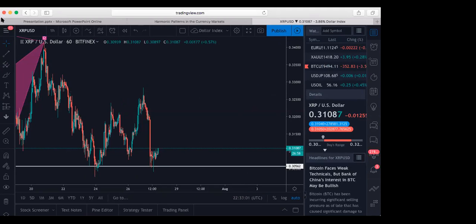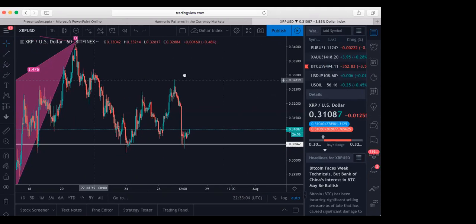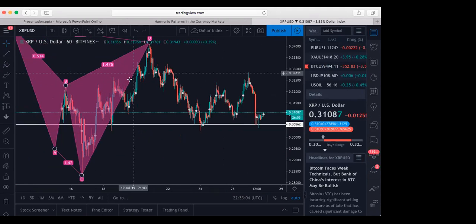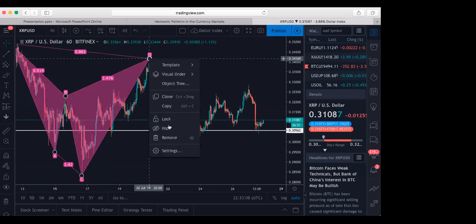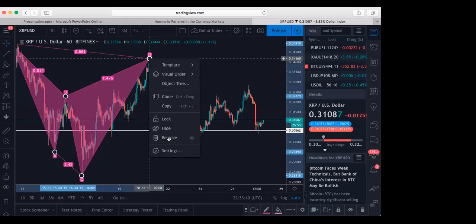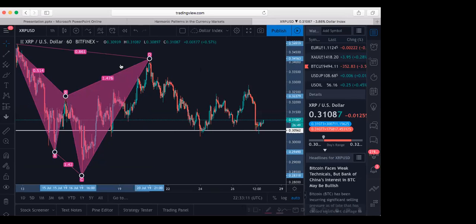I already have a pattern drawn up for you right here, but I'm going to show you. Let's delete this. As you can see, let's drop some regular support and resistance.